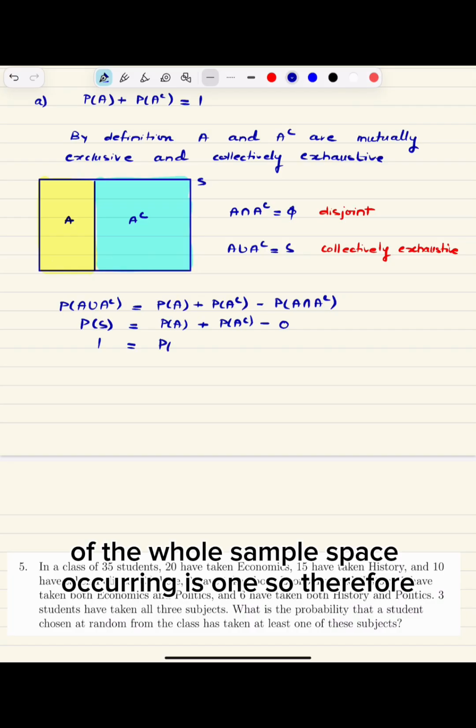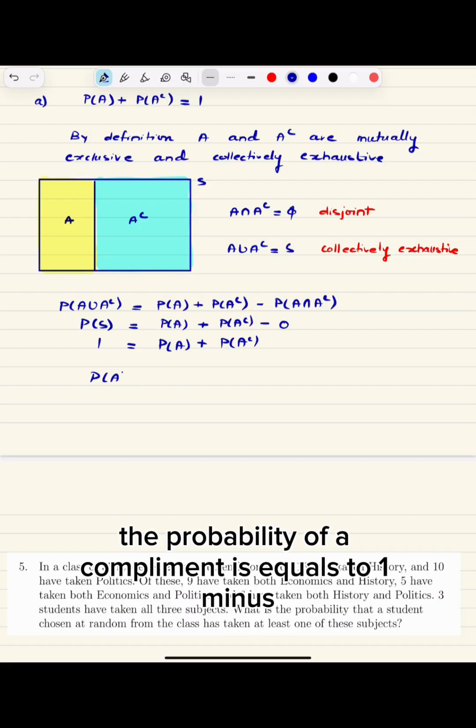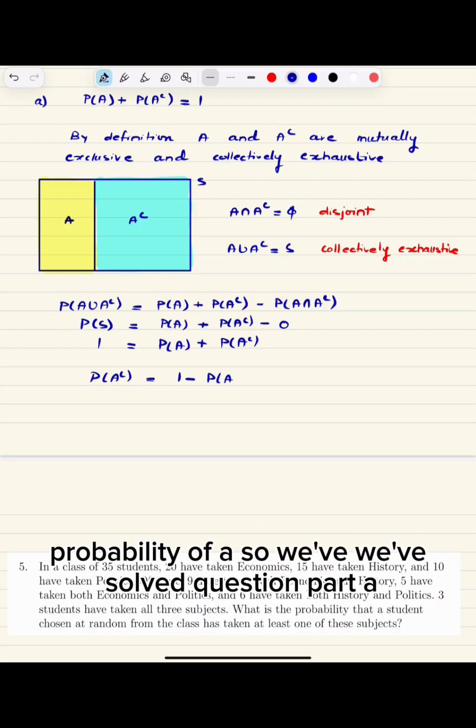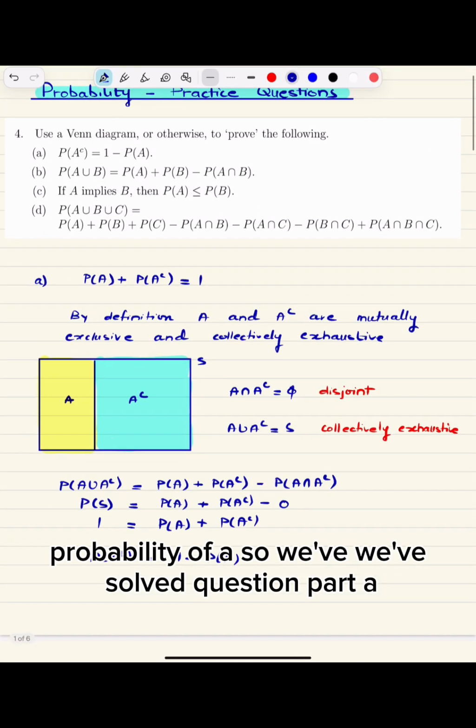So therefore we have shown that the probability of A complement is equal to 1 minus the probability of A. So we've solved part A.